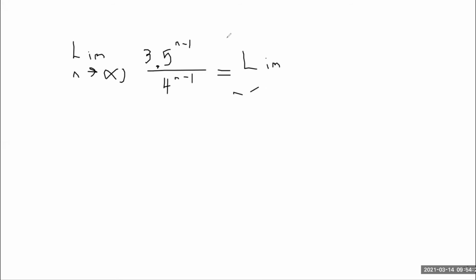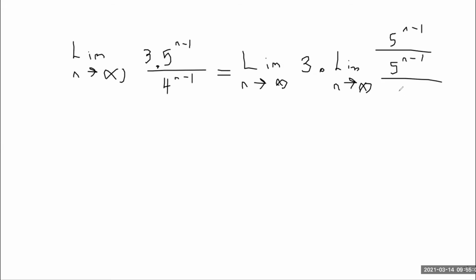The limit of the product is the product of the limits, so this becomes the limit of 3 times the limit of 5 to the n minus 1 over 5 to the n minus 1 over 4 to the n minus 1 over 5 to the n minus 1, which is just 4 over 5 to the n minus 1.